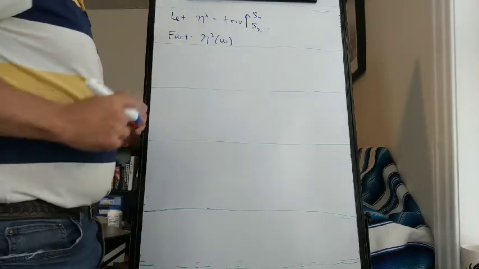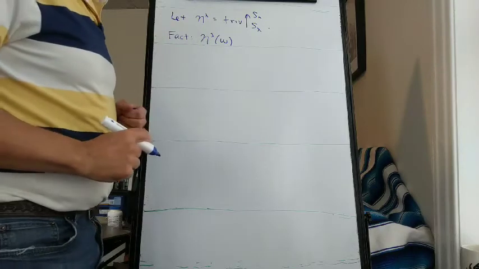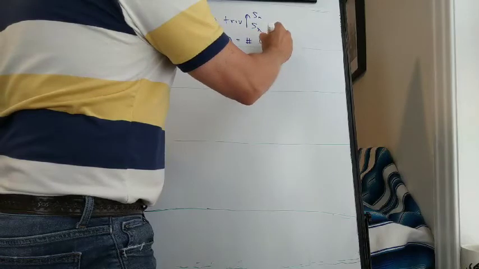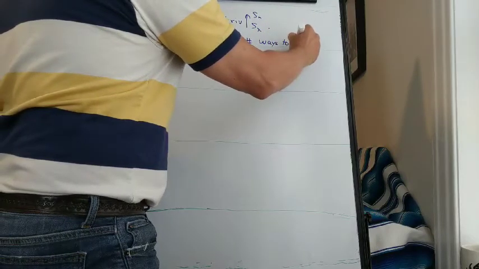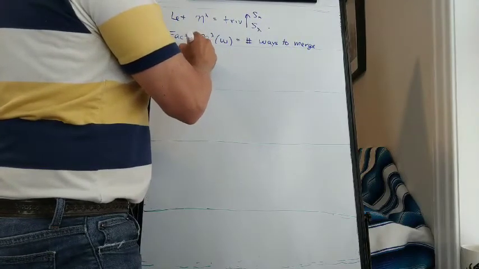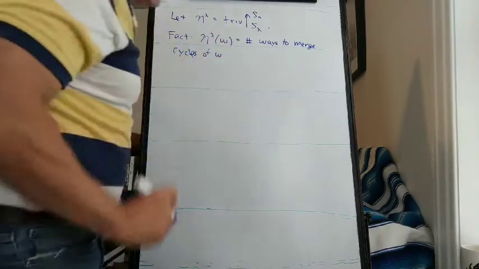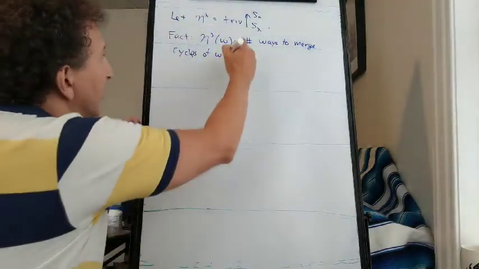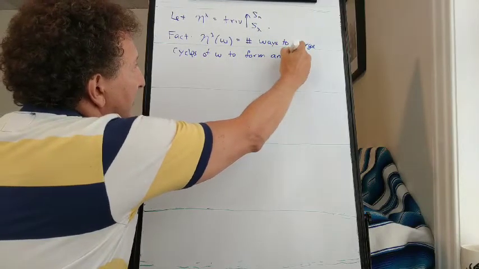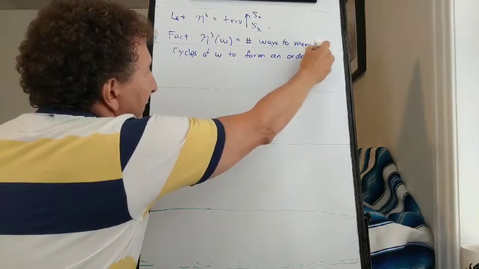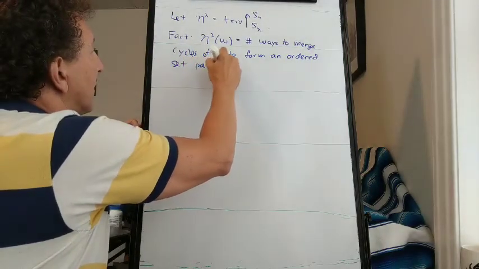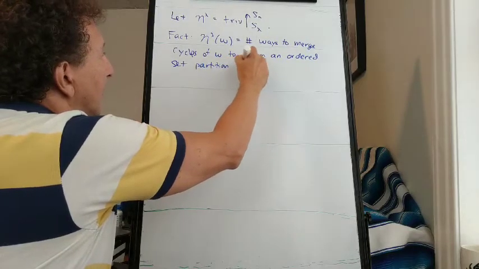Now it turns out that if we want to apply eta lambda to a permutation W, that's equal to the number of ways to merge the cycles of W to form an ordered set partition of type lambda.